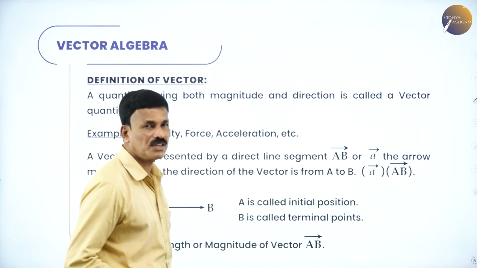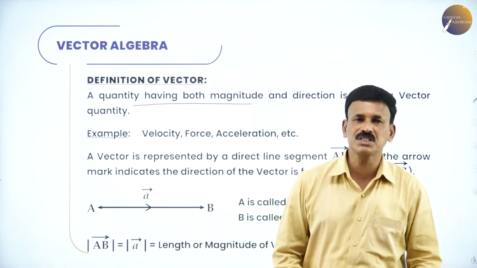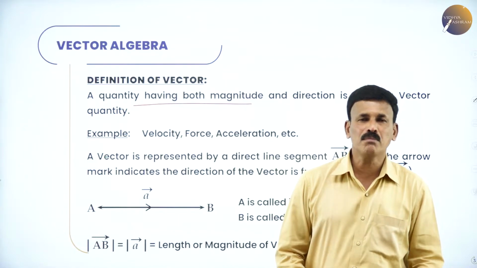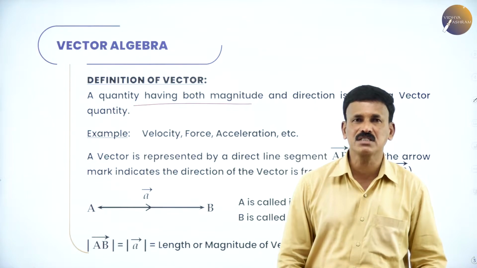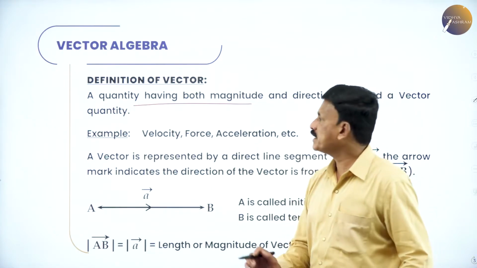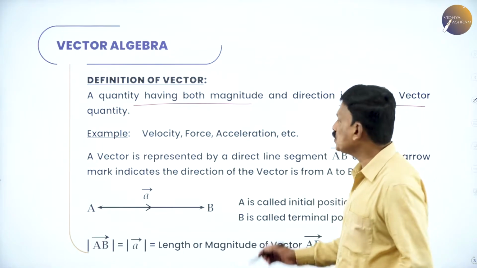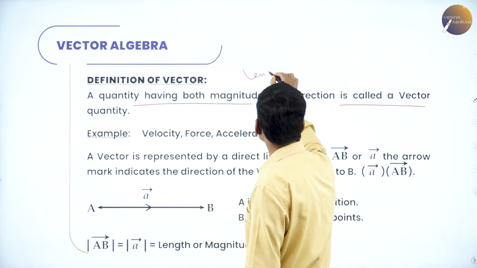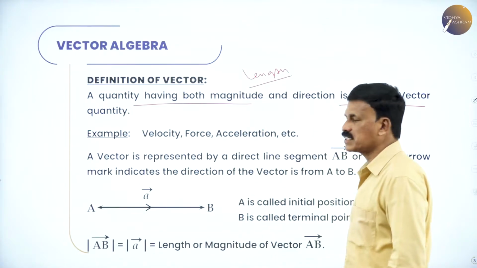Now you know what a vector is. A quantity having both magnitude and direction is called a vector quantity. Magnitude here refers to the length. A quantity having length, that is the magnitude, and direction is called a vector quantity.